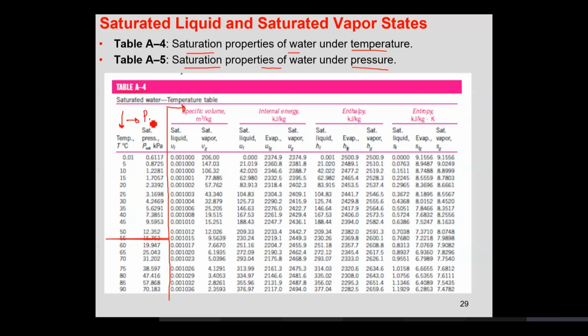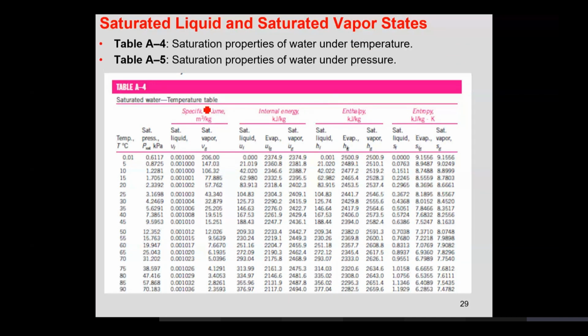So if you have been given the value of temperature and you want to find the saturation pressure, you will go to table A4. In table A5, the first column is pressure and the second column is T saturation. So if you want to find the saturation temperature for a specific pressure, you will go to table A5. Clear so far? Yes, sir. All right.